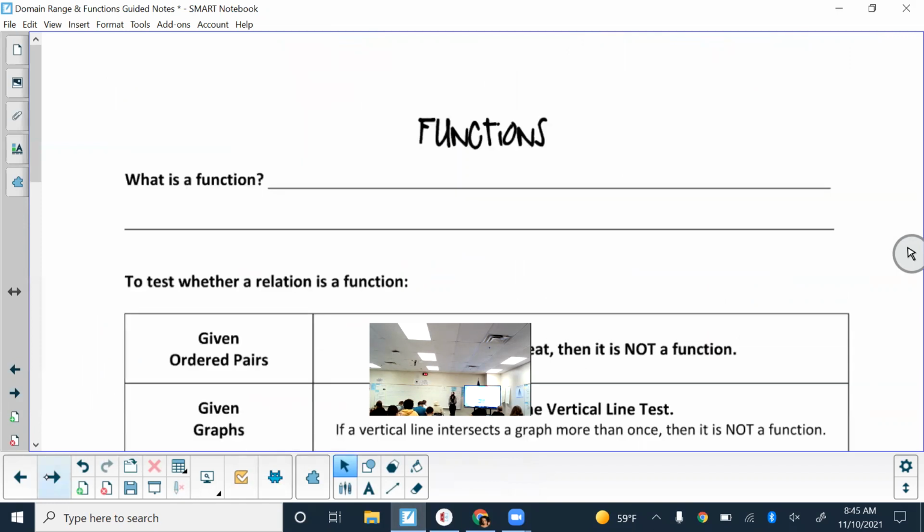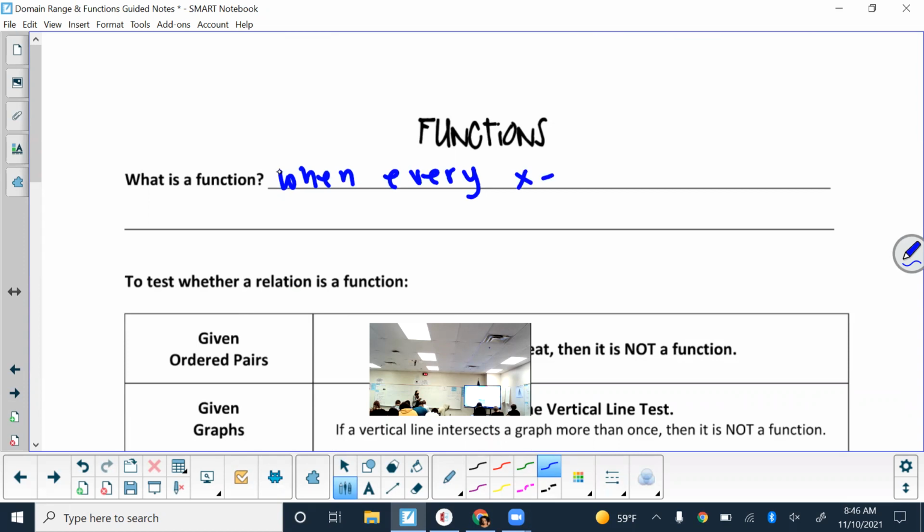All right, so this one. You guys also seem to be good at functions too, so we're just kind of dusting off the cobwebs. All right, the formal definition for a function is when every x value has exactly one y value.